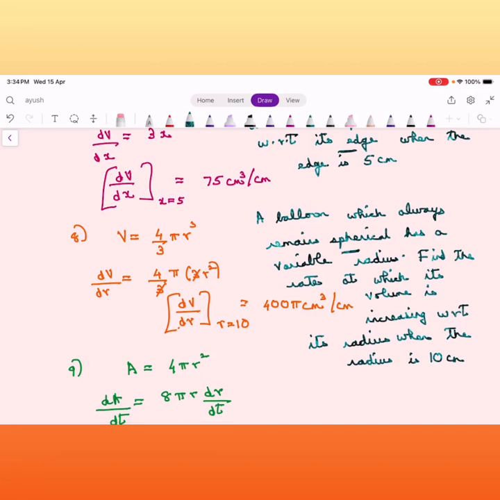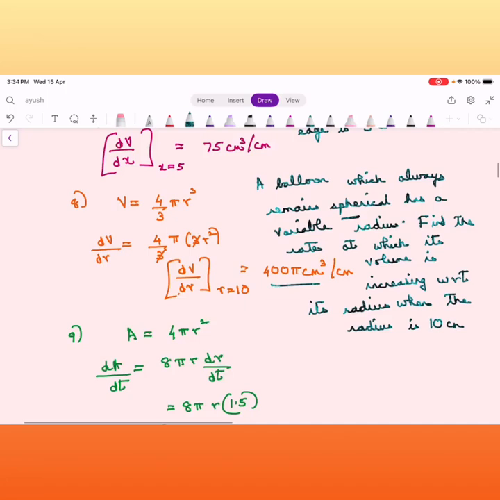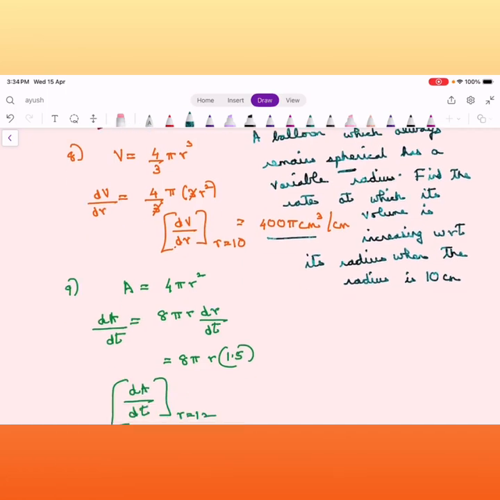So volume of a sphere, a balloon which remains spherical. So we are looking at volume of a sphere, that is 4 by 3 pi r cubed, and we have to find the rate at which the volume is increasing with respect to its radius. So dV by dr will be 4 by 3 pi 3 r squared, and then you put dV by dr at r equal to 10, so you get 400 pi centimeter cube per centimeter.